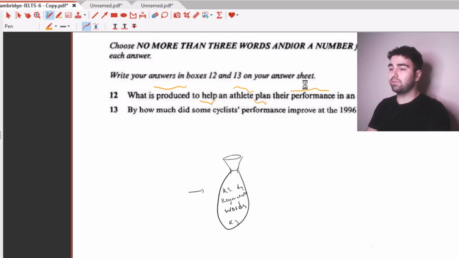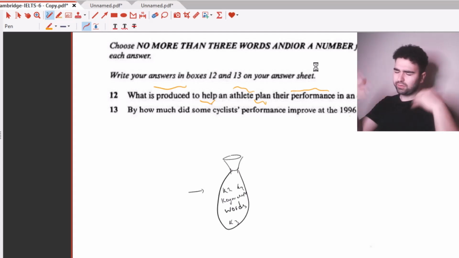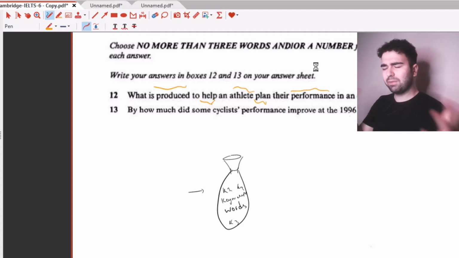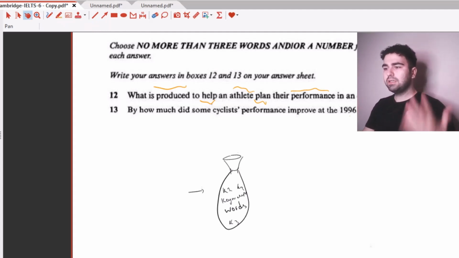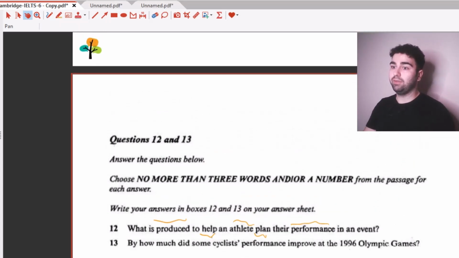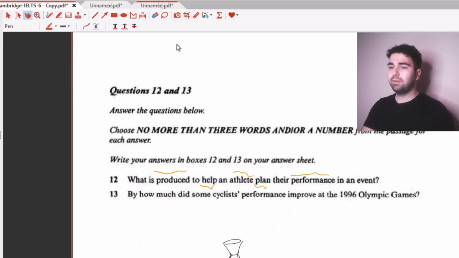Of course performance is all over the passage, but the combination of performance plan, athlete, help them producing something, and so on. These are the keywords that you have to highlight and underline whenever you see them in the passage.